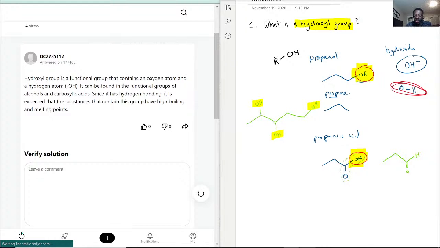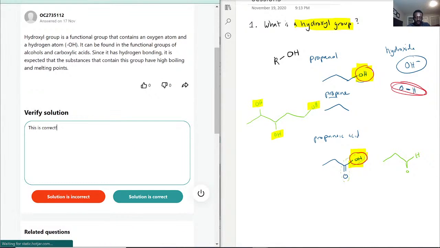So it increases the energy required to break that bond, meaning that, like you notice with alcohols and acids, they have quite high boiling points. Propanol will have a much higher boiling point than propane, for example. So this is correct. Now let's move on to question 2.